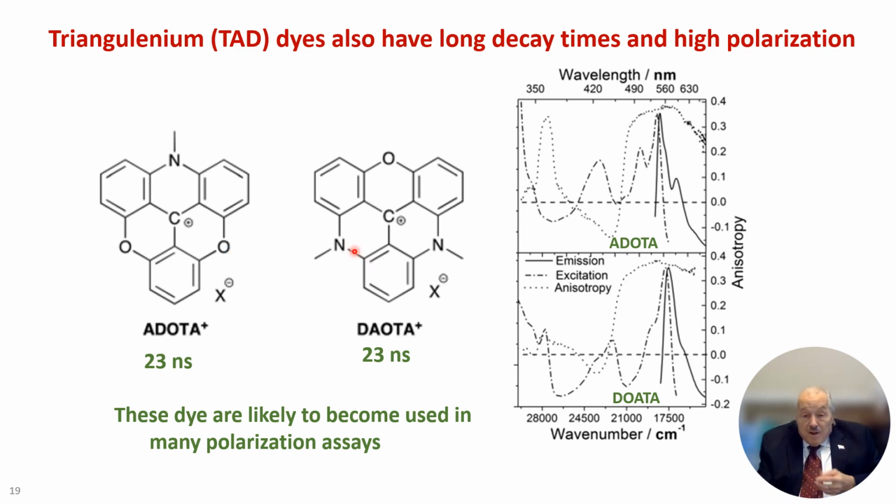The more redshifted ones have nitrogens in this location. And as you can see, the anisotropy, which is this line here, is very high on the red edge of the spectrum. Why these authors measured the anisotropy across the emission spectrum, I'm not sure, but it did turn out that there was some small change there.